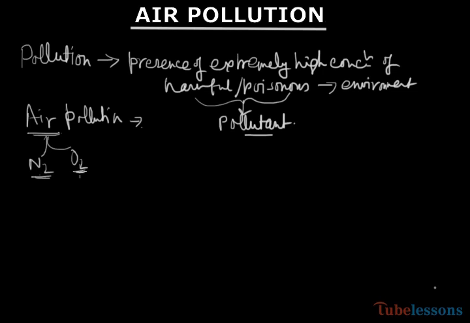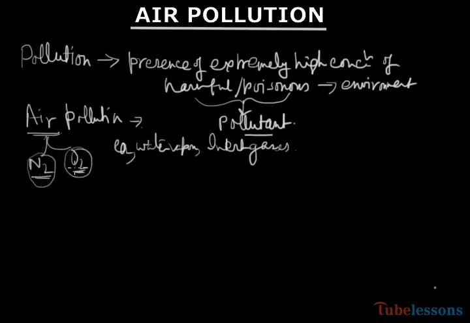In addition to that, there is carbon dioxide, to some extent 0.03%, some water vapor, what we call moisture, and some inert gases like argon, etc. So 78% nitrogen, 21% almost oxygen, and all these things are the normal constituents of air.